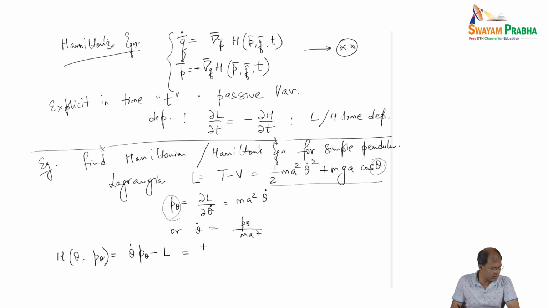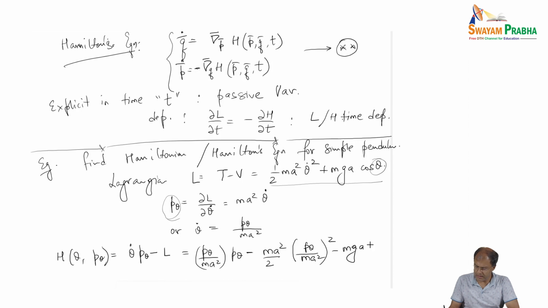And we can write this as p theta by ma square times p theta, minus ma square by 2 times p theta by ma square whole square, minus mga cos theta. So what we have is that this is p theta square by 2 ma square minus mga cos theta.